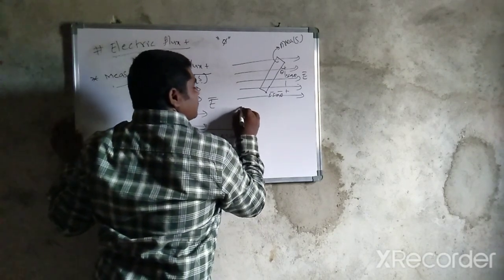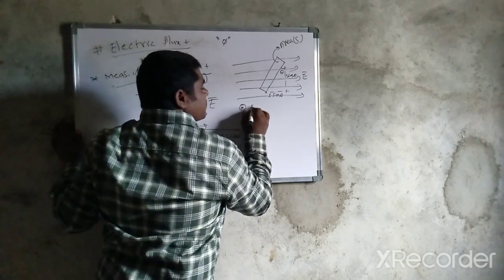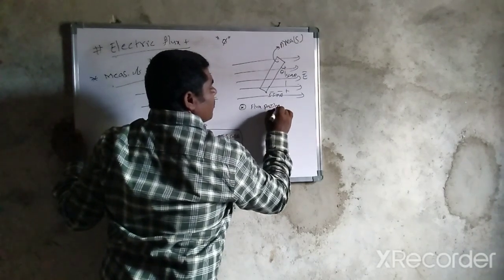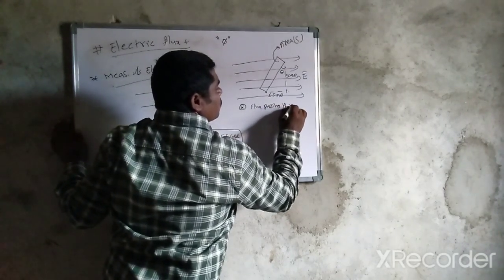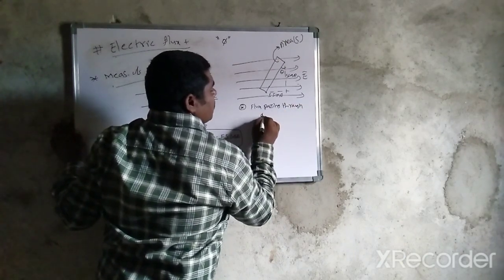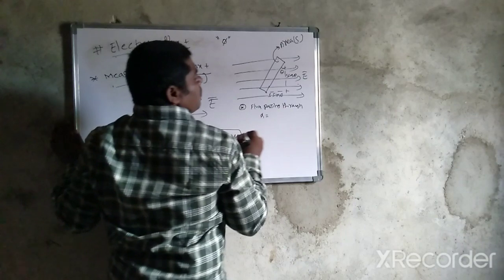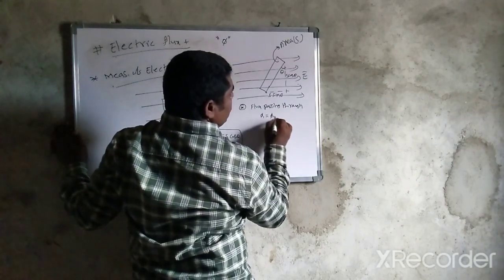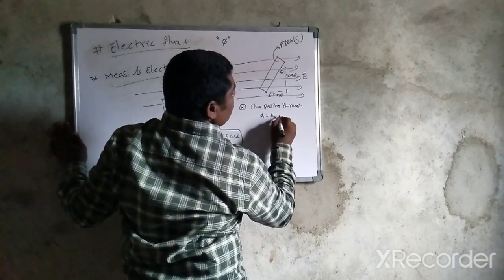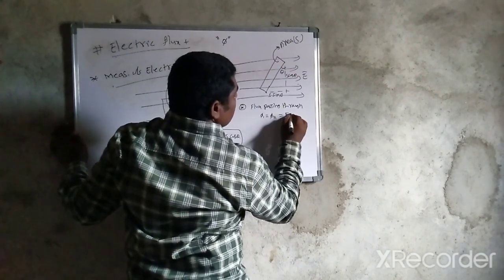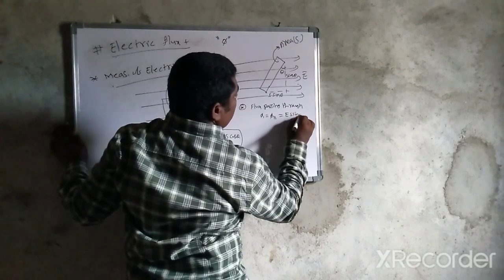First point: the flux passing through, phi 1, parallel to the electric field, is equal to electric field into S sin theta.